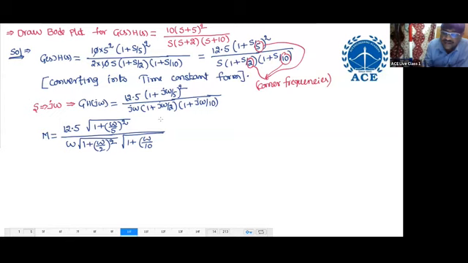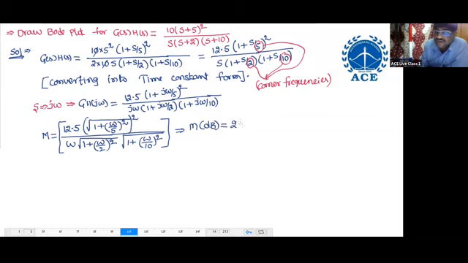So this is writing the magnitude, but they'll ask in dB. The numerator is squared. So how will we write the magnitude in dB?